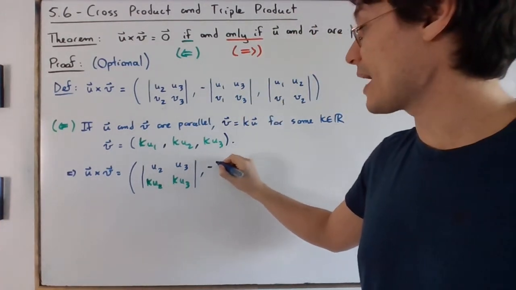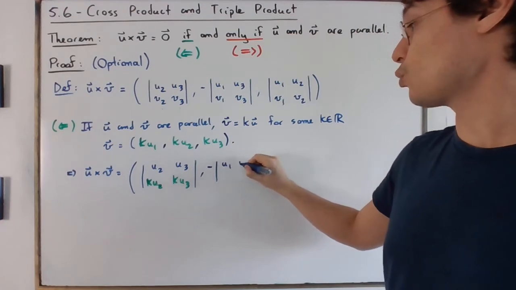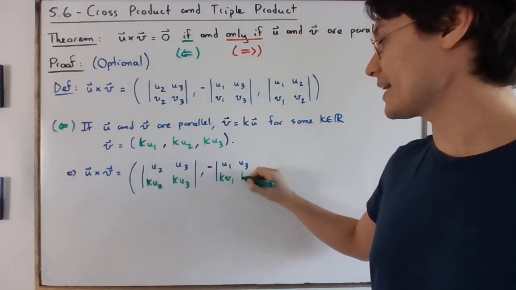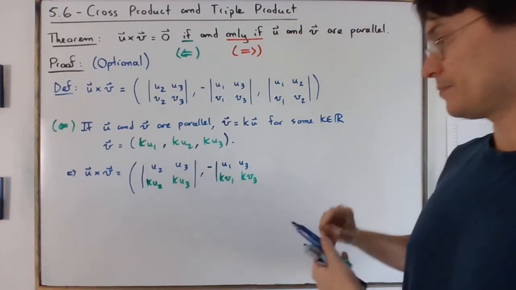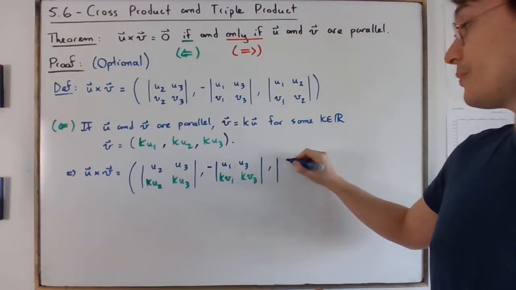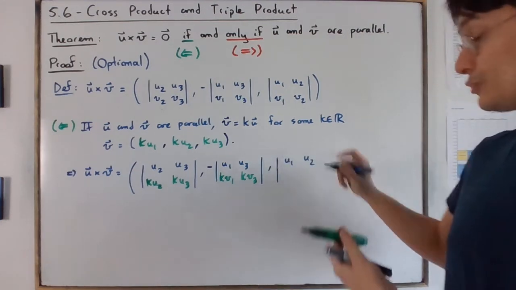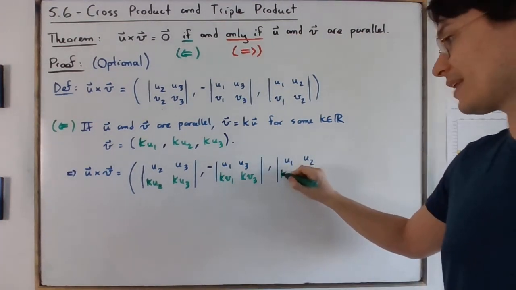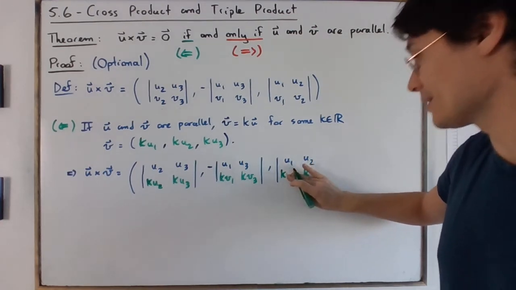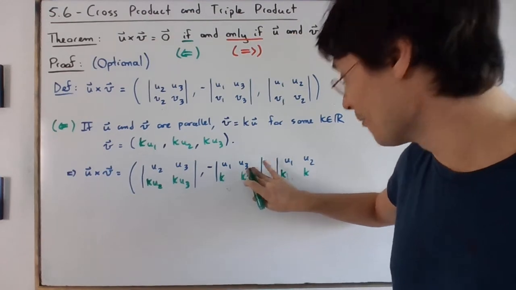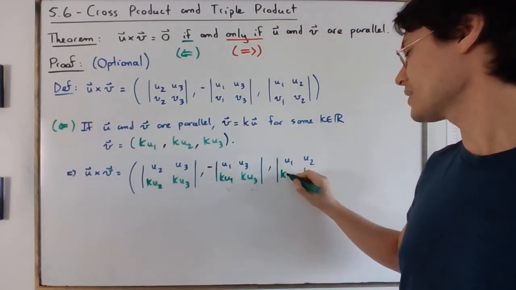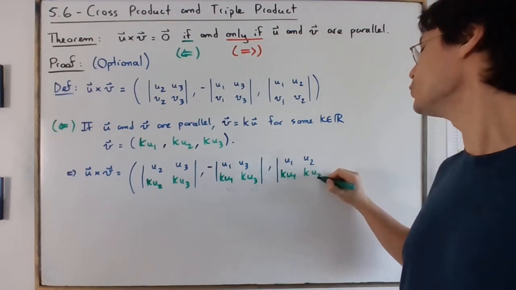Same thing over here, the negative of u1, u3, then k u1, k u3. And finally u1, u2, k u1, k u2.